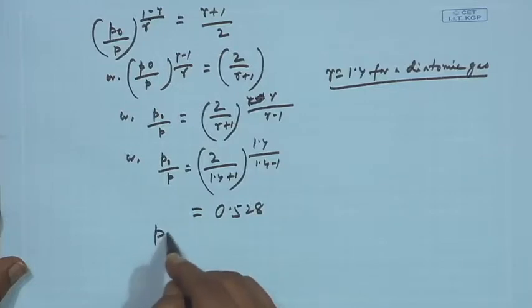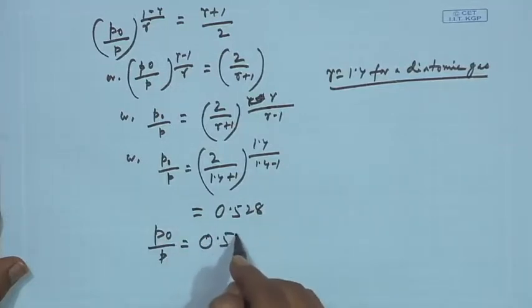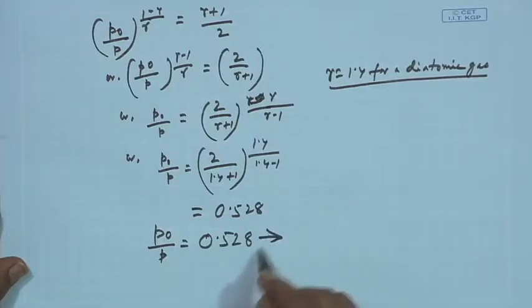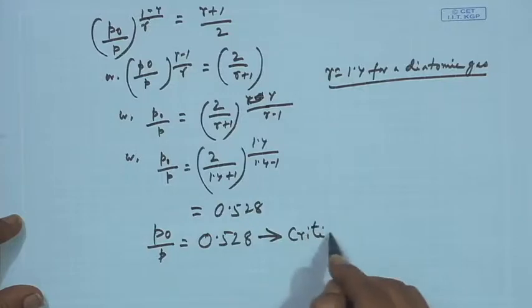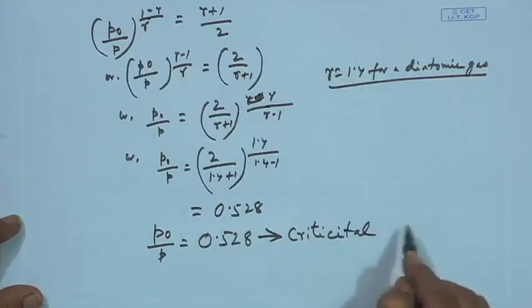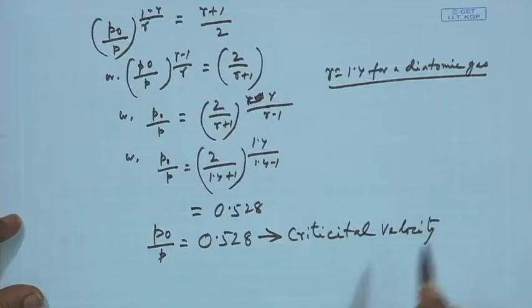That means P0 over P is equal to 0.528, which is nothing but the critical pressure ratio. Right.